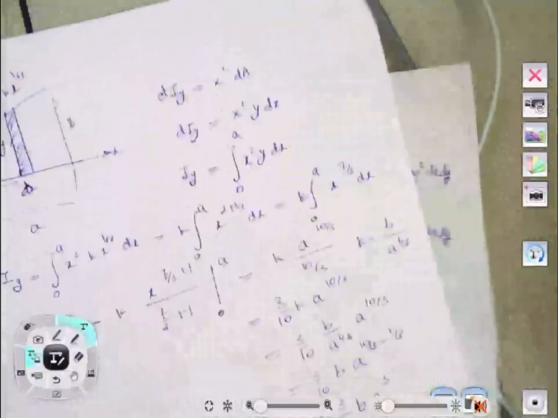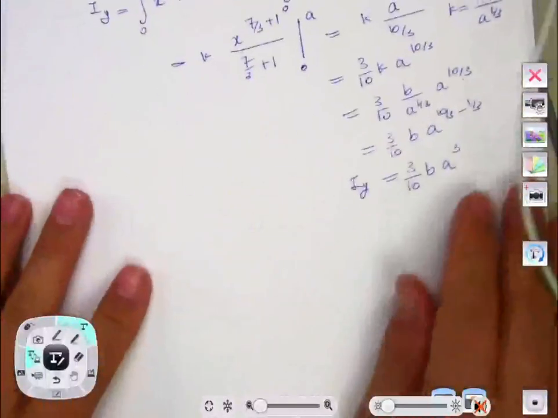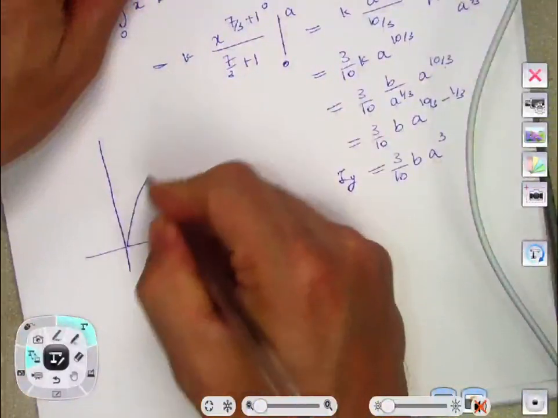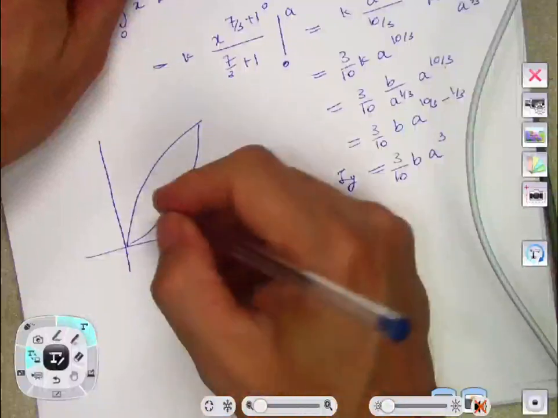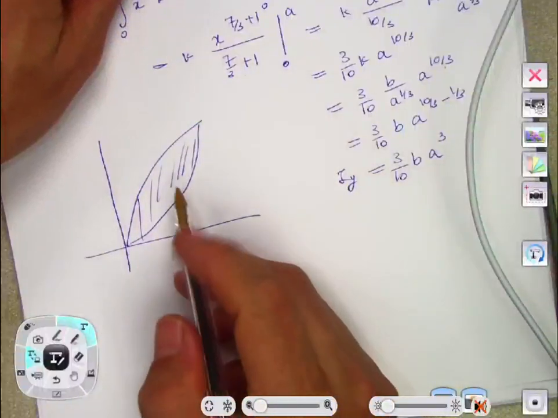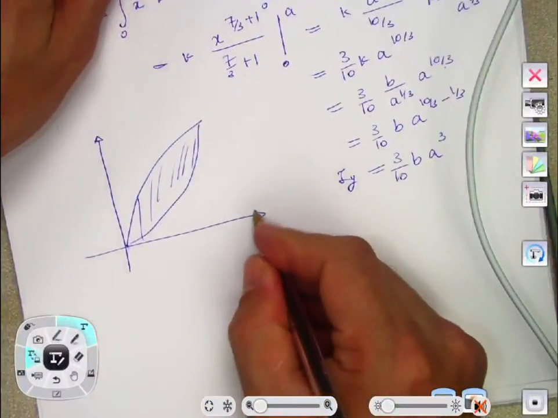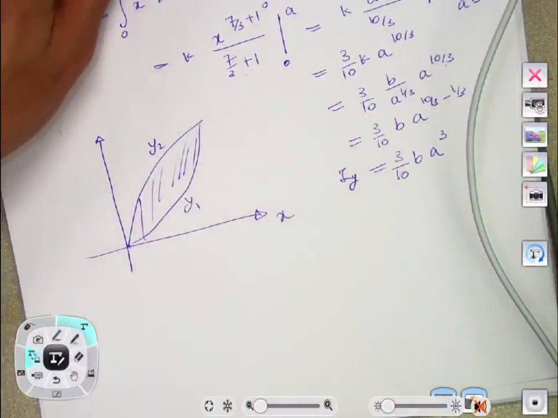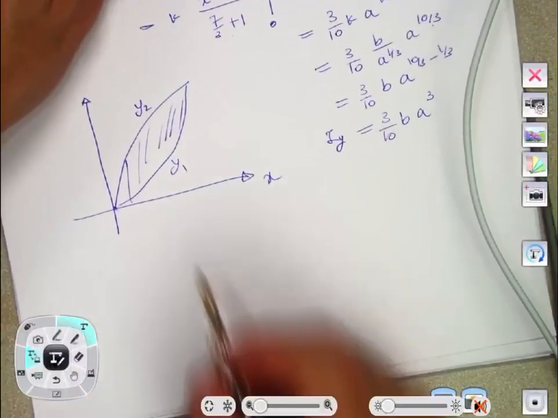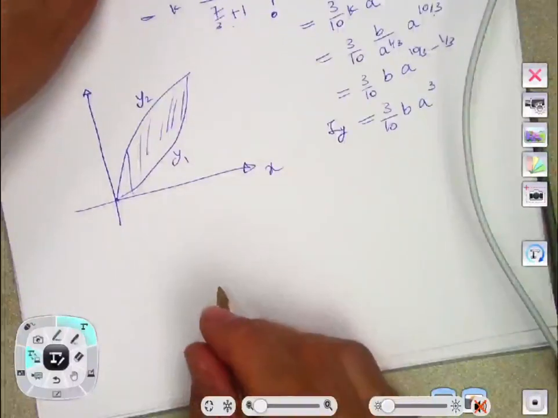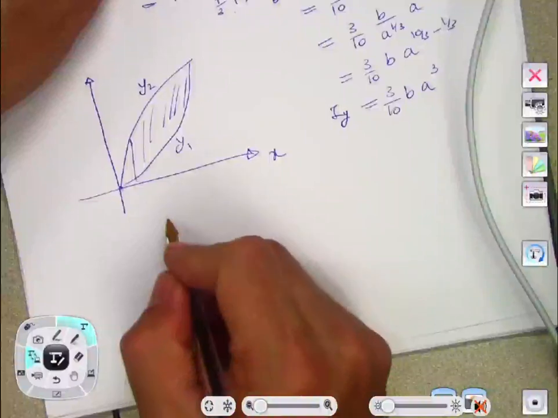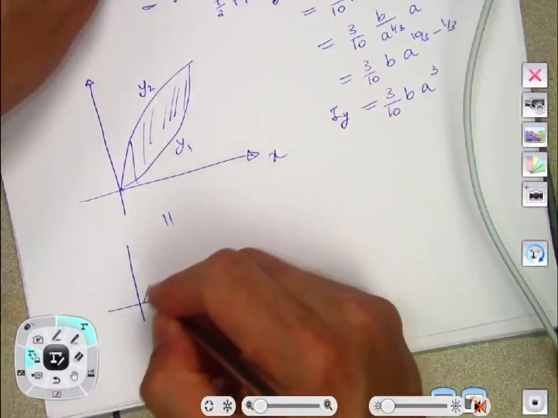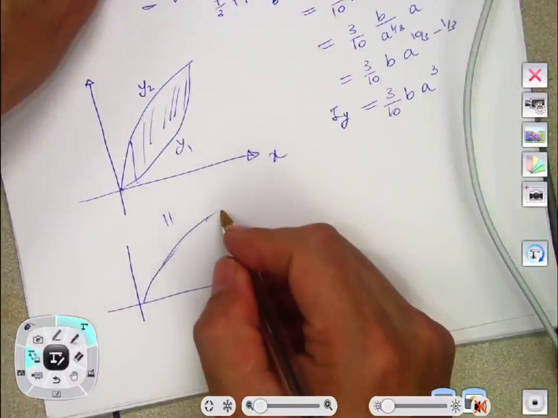Sometimes you may have trapped areas like this. What is the moment of inertia of this shaded area about the x-axis? Let's say this is curve y2, and this is curve y1. How do I do that? You can think of this problem as two problems. Solve this problem 2 times.